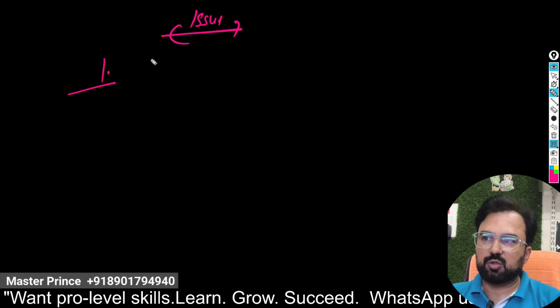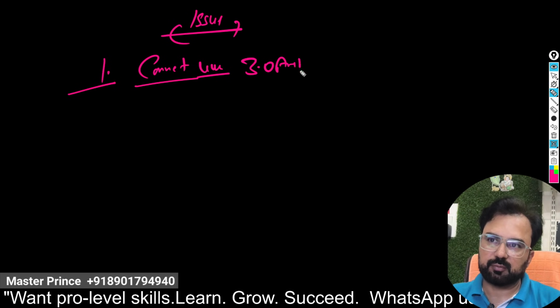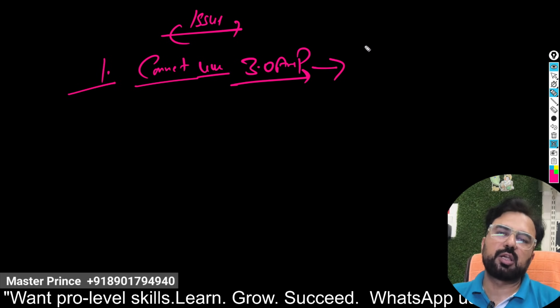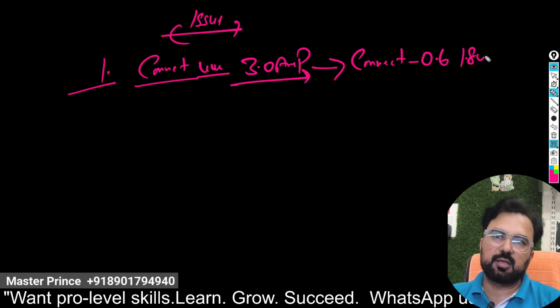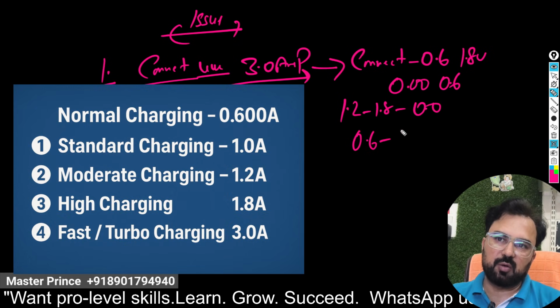Your first job is to connect a charging wire with the USB ampere meter. First the 3.0 ampere charger, and it will show you the same pattern. When you connect it in an on condition, it connects and shows 0.6, 1.8, and then 0, again 0.6 without removing the charger, 1.2, 1.8, 0.0, and this pattern goes on.